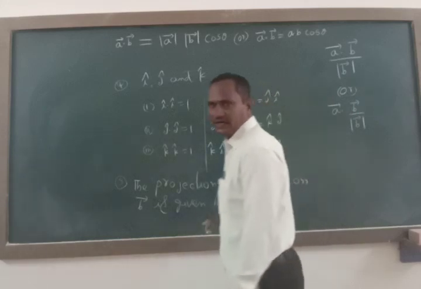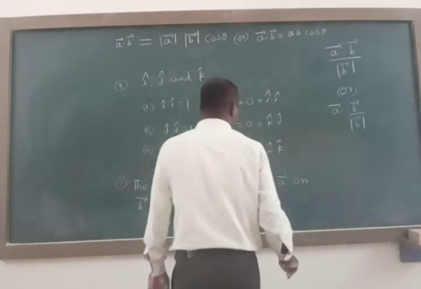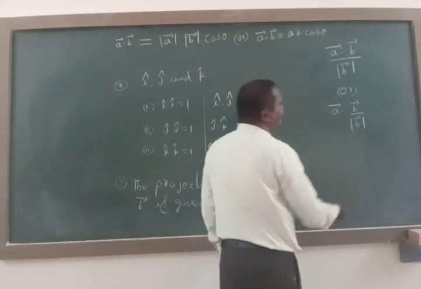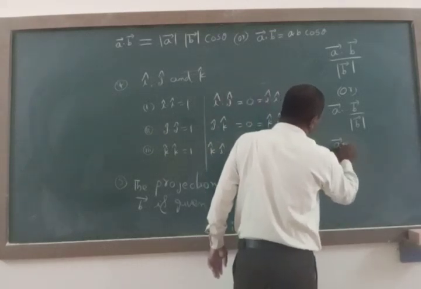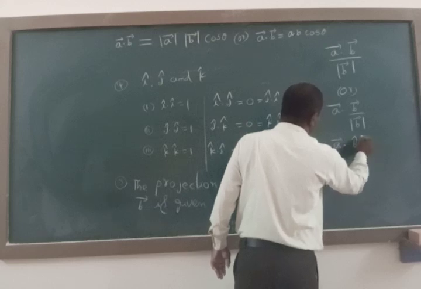If you observe, B bar by magnitude of B bar is the unit vector along the direction of the vector B bar. That's what we call B cap.